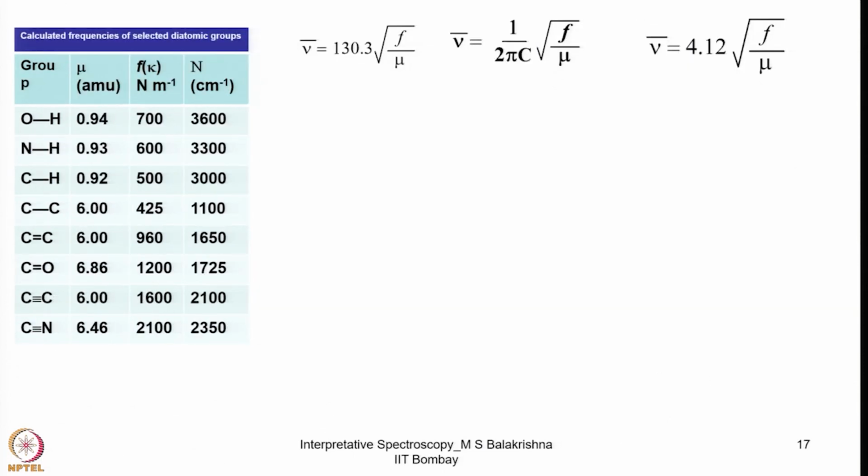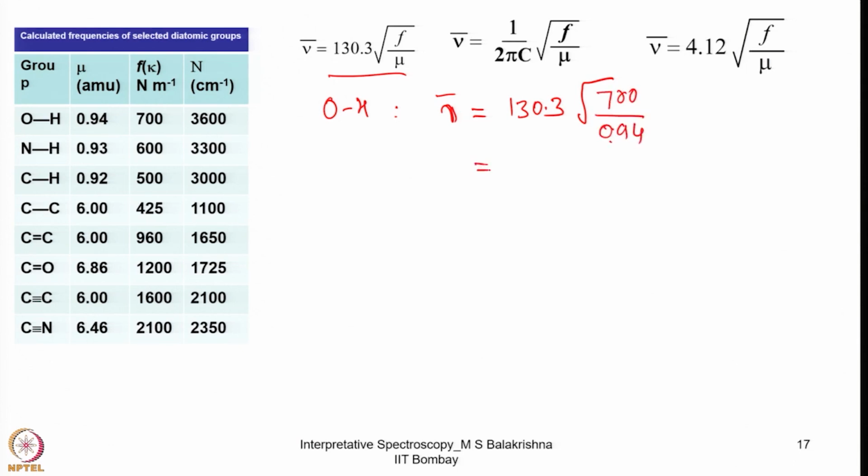We can do now a simple one, OH. Let us calculate nu. 700 we have. So from this one it is 130.3 square root of, here F is given as 700 by 0.94.